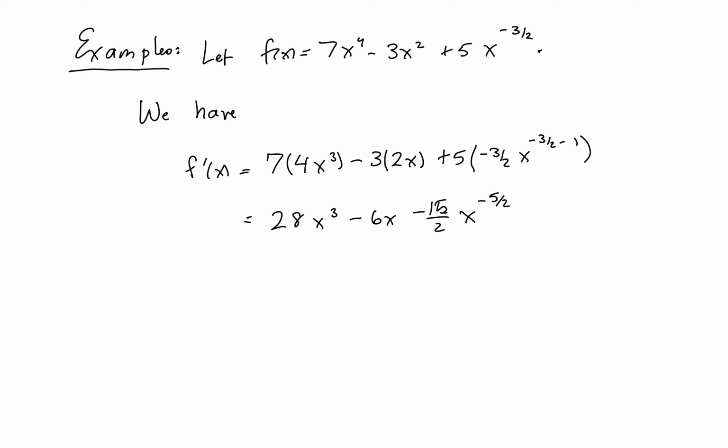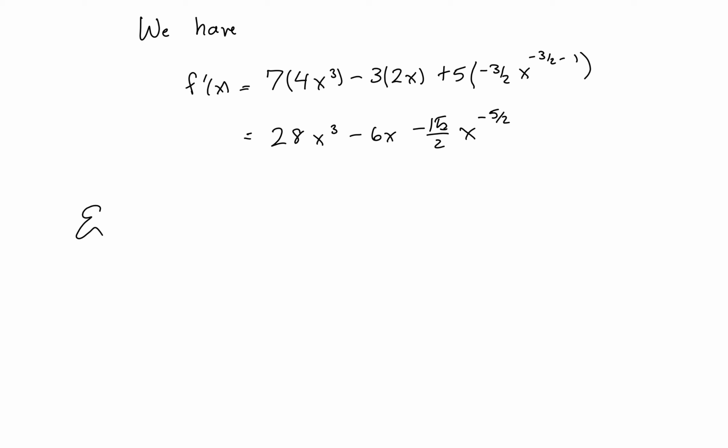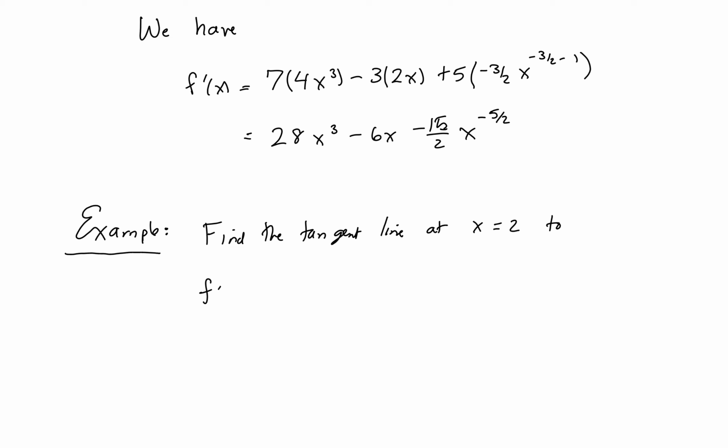Okay, so let's try a word problem with this material. Actually, maybe let's do one more computational example first. So let's find the tangent line at x equals 2 to the function f of x is x to the 1/2 plus x squared minus 3, all over x.